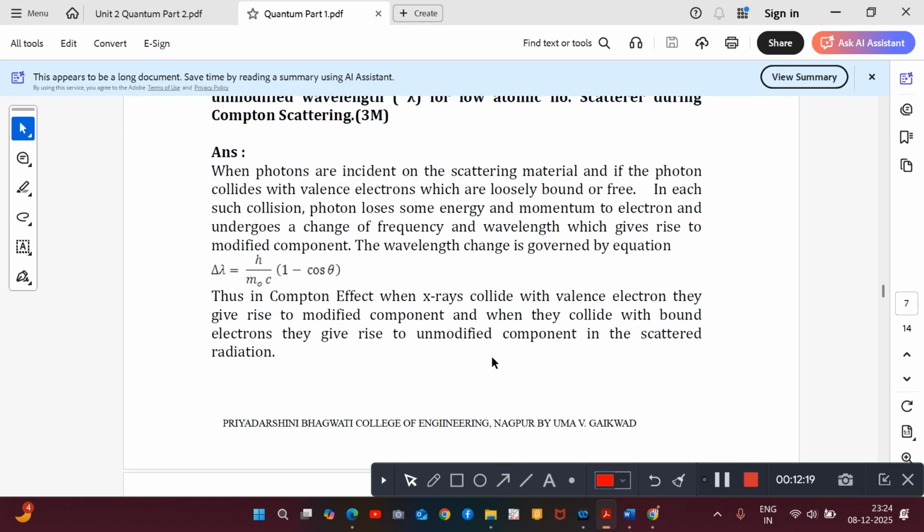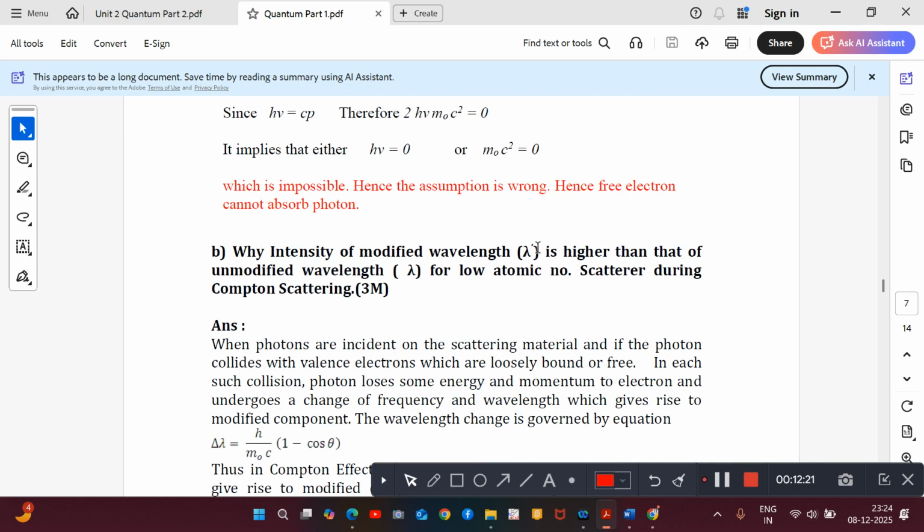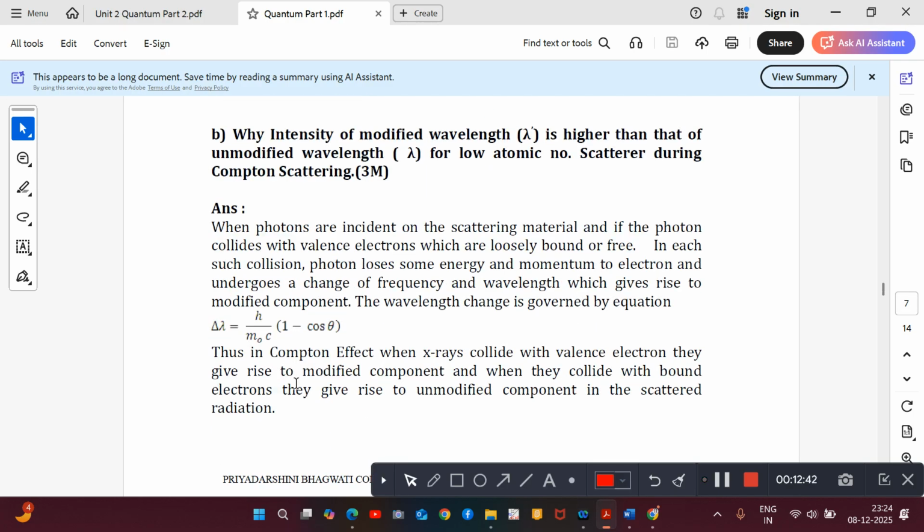Remember, for target materials having low atomic number, when photons are incident on the scattering material, if the photon collides with a valence electron, which is loosely bound or free, in such a collision the photon loses some energy and momentum to the electron and undergoes a change in wavelength.